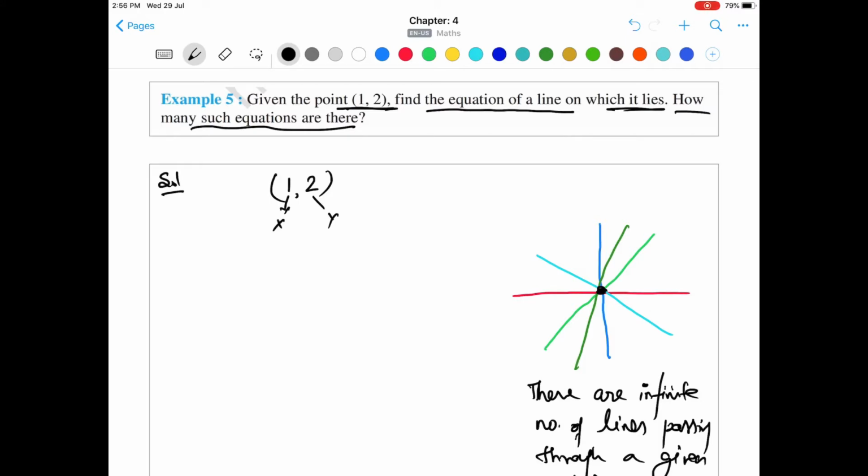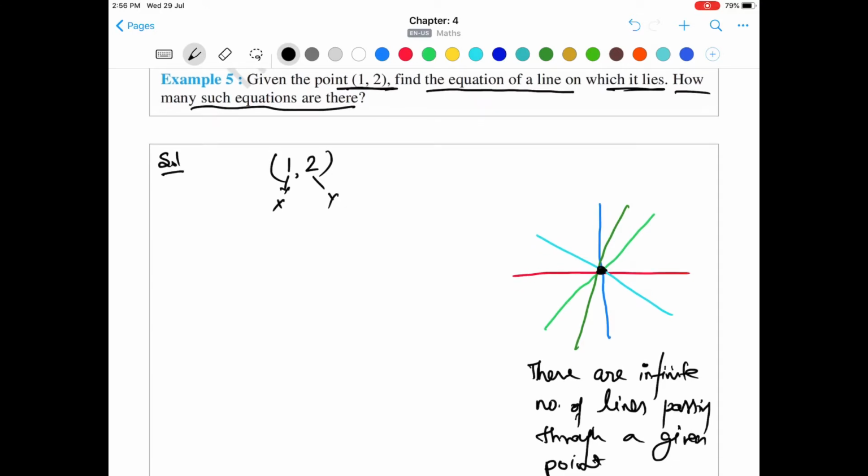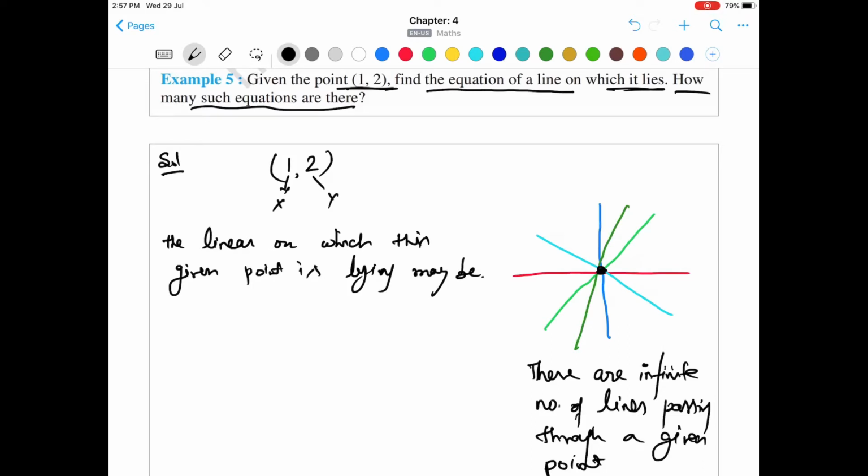We can write an equation like this, the linear equation on which this given point is lying. You can find that equation by simply adding the x and the y coordinate. That means x plus y.